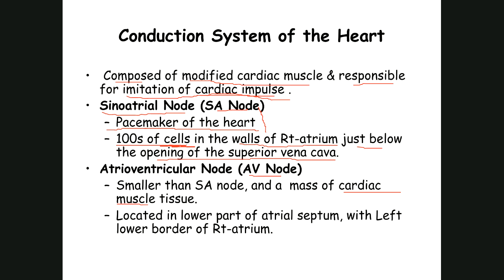So where is the AV node present? It is located in the lower part of the atrial septum, with the left border of the right atrium. So this is clear here, the conducting system.